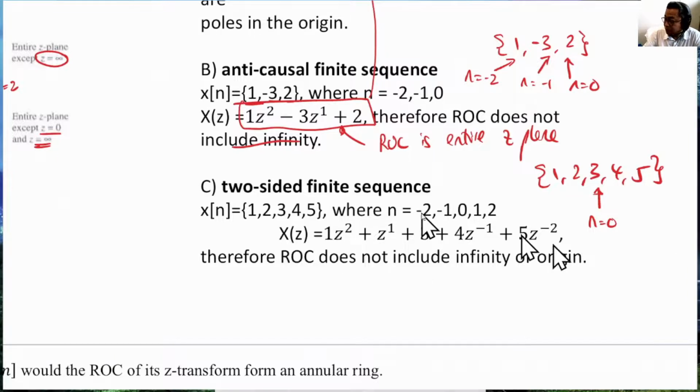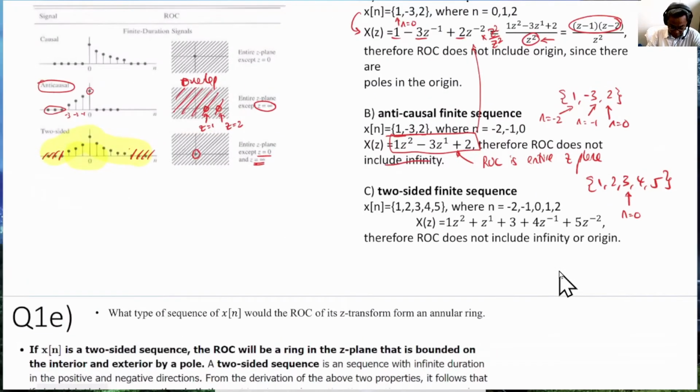The z transform of this sequence is this, and now it is obvious that when z is infinity, X(z) becomes infinity. When z equals 0, then this term becomes infinity, and this term also becomes infinity. Therefore, again, we realize that the ROC is the entire z-plane except at infinity or the origin.